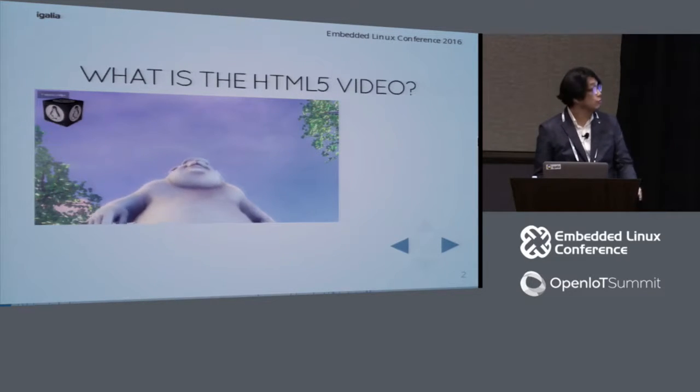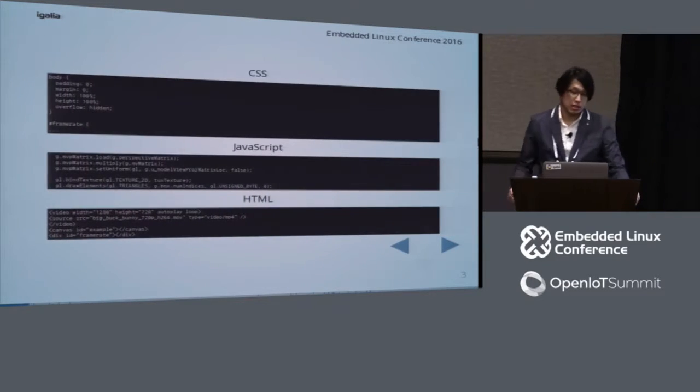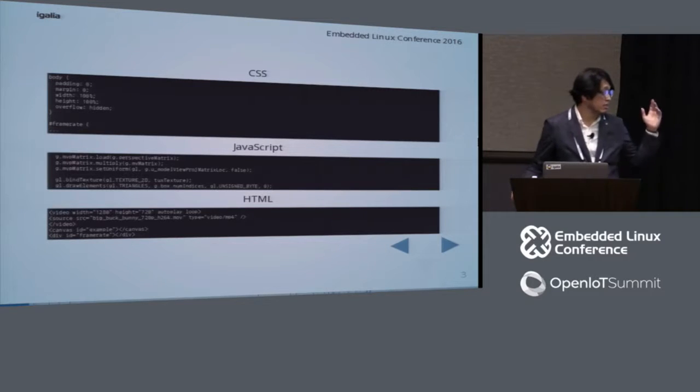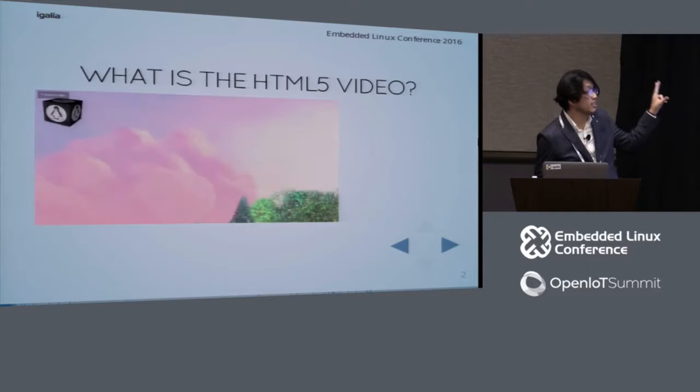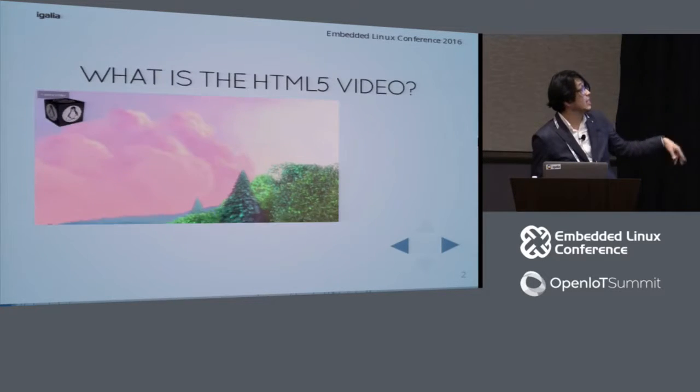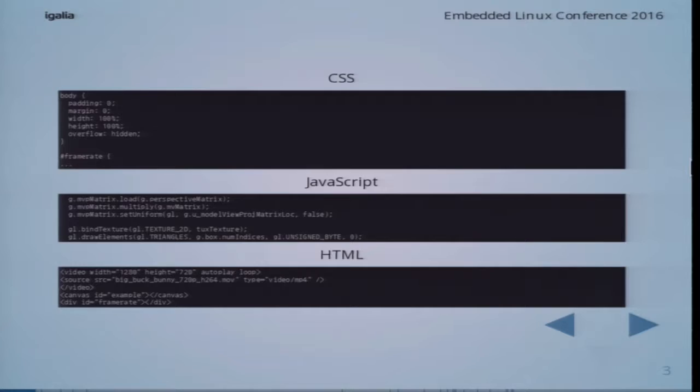Anyway, to render this one, the slide here is also a web page. This web page is composed of CSS, JavaScript and HTML. There is CSS for the styles, JavaScript that renders the WebGL contents, and HTML code to play the HTML5 video.